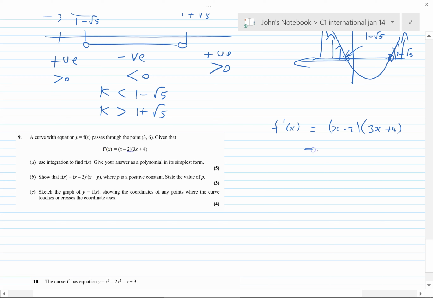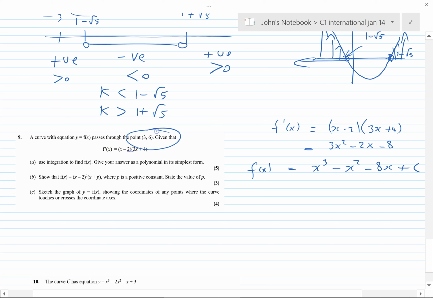If we multiply that out, we get 3x squared minus 6x plus 4x, so that's minus 2x minus 8. So if we integrate each term, we've got f(x) is equal to x cubed minus x squared minus 8x. Don't forget the constant. A few people forgot the constant here.